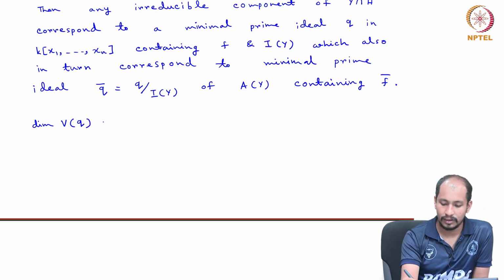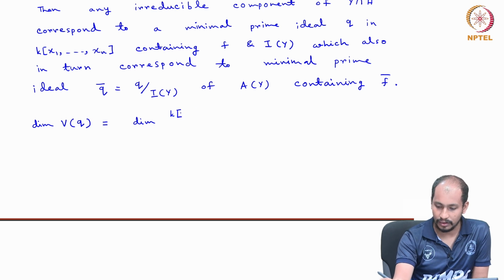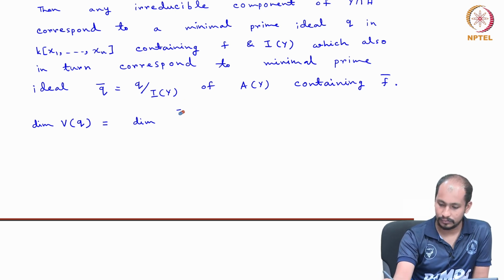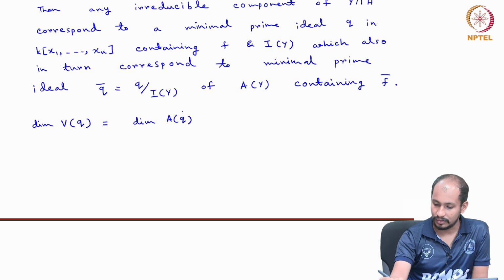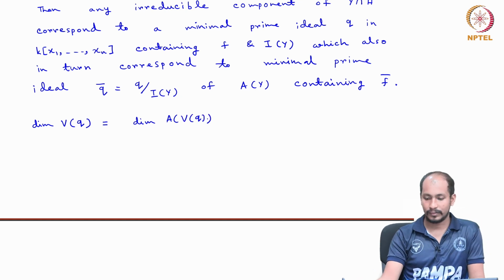dimension of V_q. This equals the dimension of, sorry, not A_q, but dimension of A of V_q, the coordinate ring.